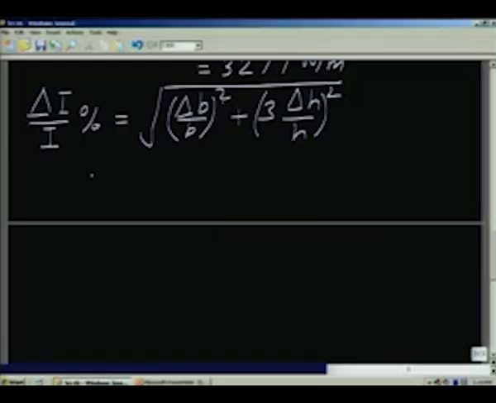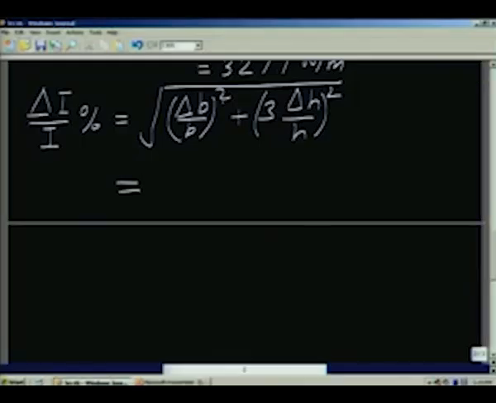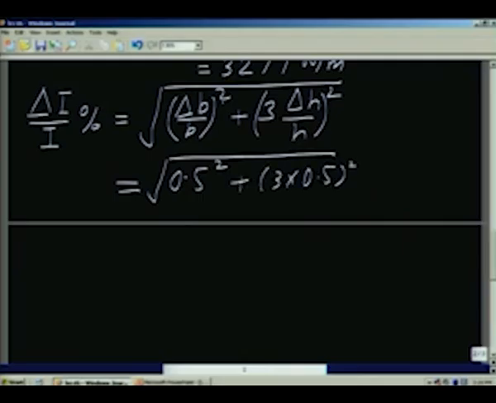Therefore, I can use logarithmic differentiation and obtain this one. So, delta I by I percent is equal to this, and delta B by B is simply 0.5%. So, I can directly put here under root of 0.5 whole squared plus 3 into 0.5 whole squared. This gives you a value of 1.58%.